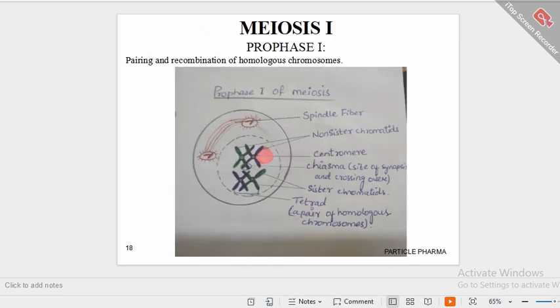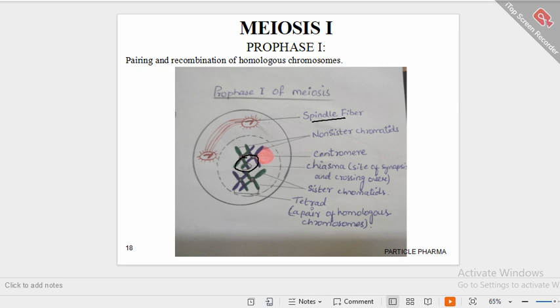You see here. Spindle fibers, we all know, are going to form and they will attach to the centromere, which is the center of attachment, of the same chromatids. Next is chiasma or chiasmata, where two different chromatids share their genetic information, where crossing over takes place.